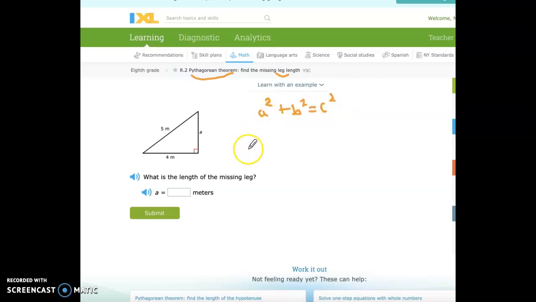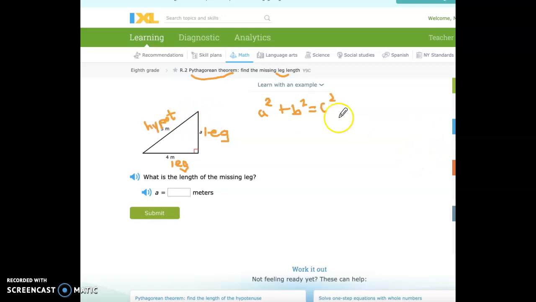And in this example, we don't know this leg. In the other examples that we've looked at so far, we didn't know the hypotenuse. So label your two legs, and label your hypotenuse. I'm just going to abbreviate hypotenuse here.